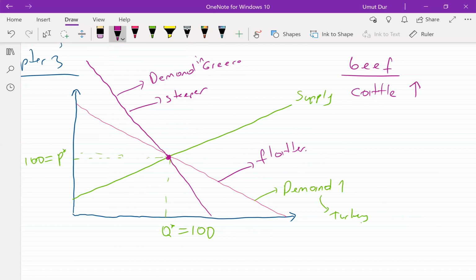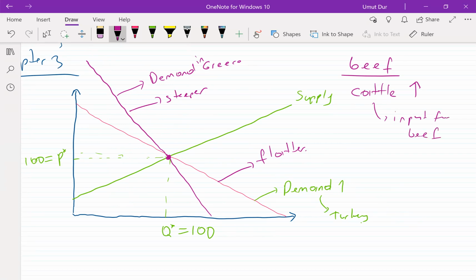What's cattle in Turkish? It's like a cow, dana. Yeah, exactly. So you don't have to write it in upper cases. But it is dana, or something like that, so it is an input for beef. Let's just think about it like that.